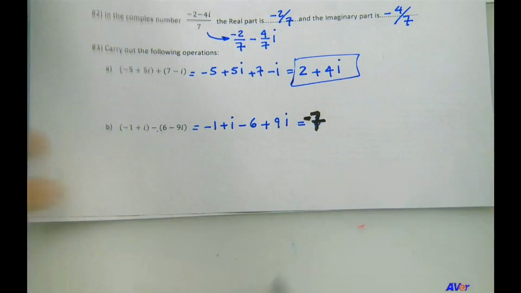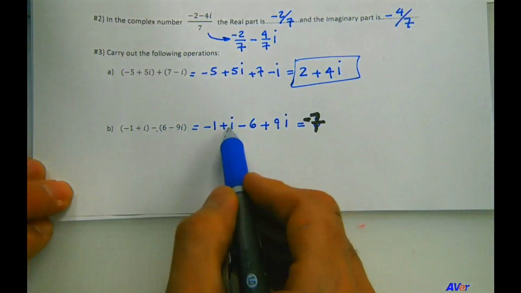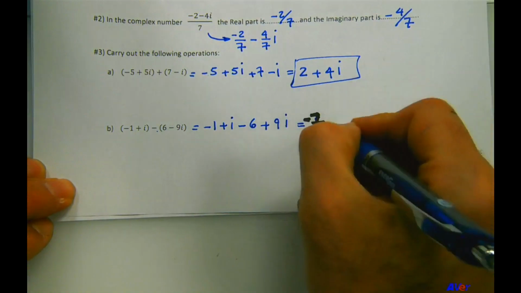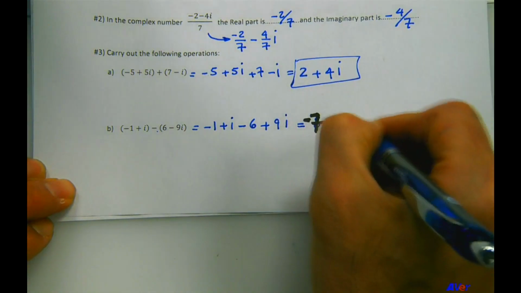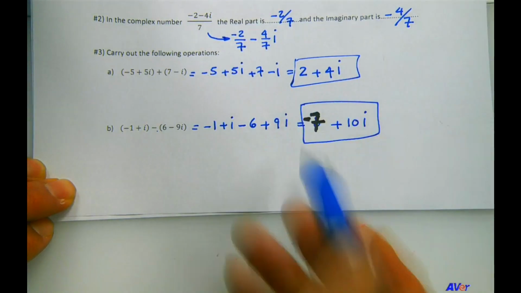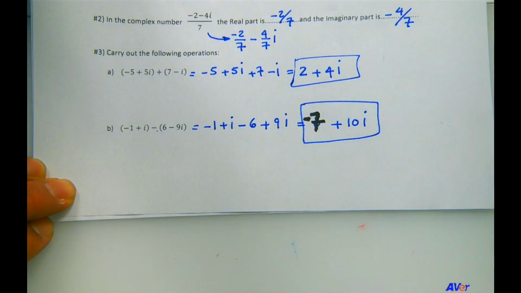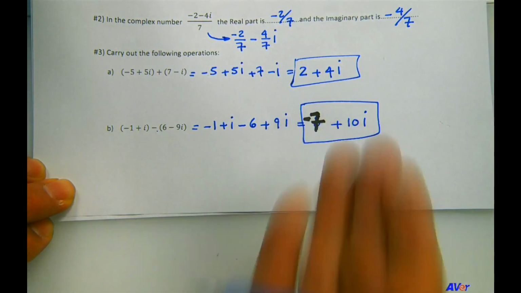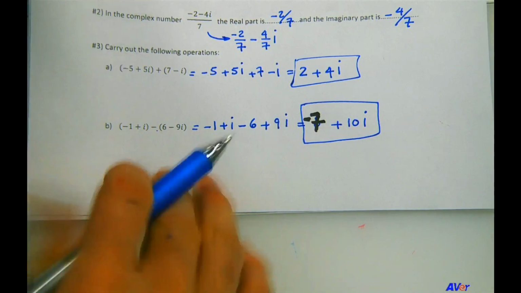So that's minus 7. And then i plus 9i is plus 10i. So what is the real part of this complex number? Minus 7. What is the imaginary part? 10.